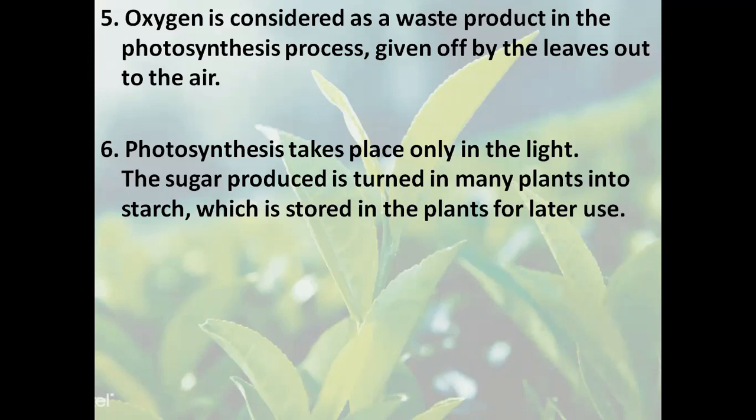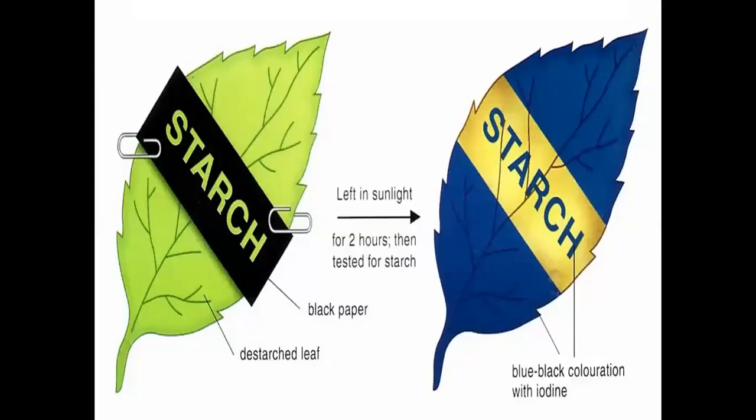The sugar produced is stored in many plants in the form of starch, where the plant stores it for later use. Here in this experiment, we have a plant with a green leaf. This leaf was partially covered, so this part of the leaf was covered by a black cover, and no light will reach this part.